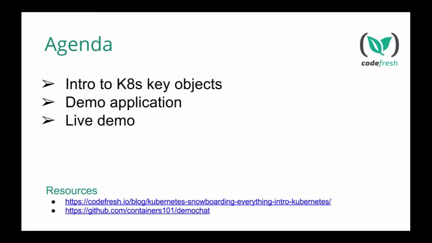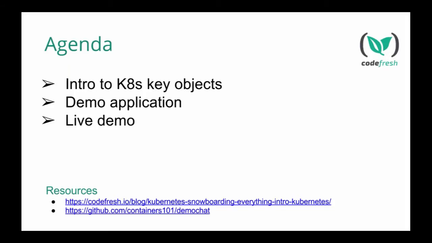Once you get used to working with Kubernetes, you find out more and more about the benefits of it. As for what we will cover in this meetup, in the first part, I will walk through some of the objects. There are many objects and many moving parts, but I'm going to walk through three main objects in Kubernetes that will allow us to spin up and see how we can scale a very simple microservices type of application.